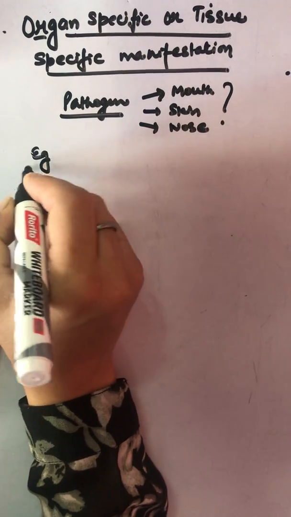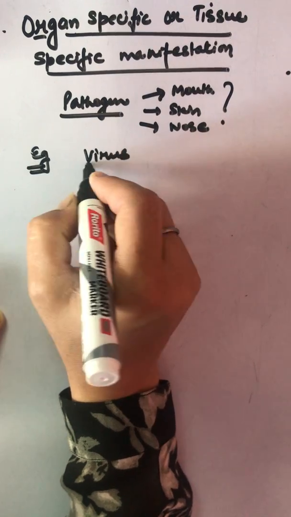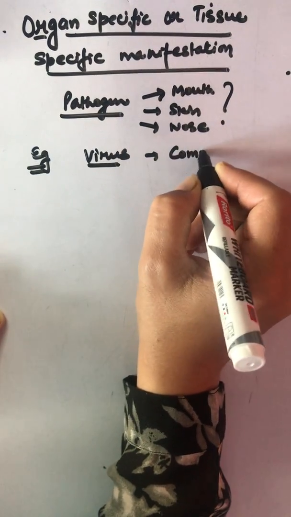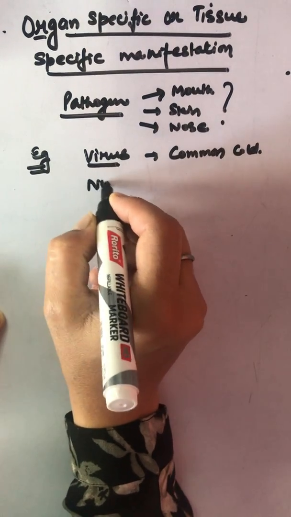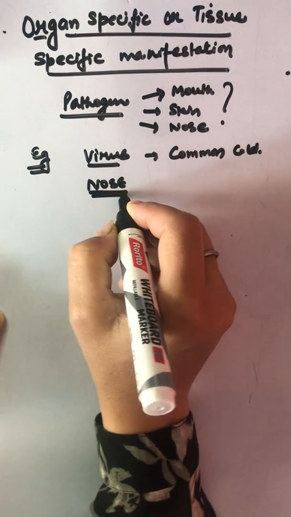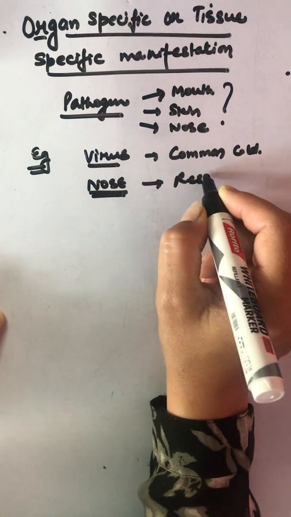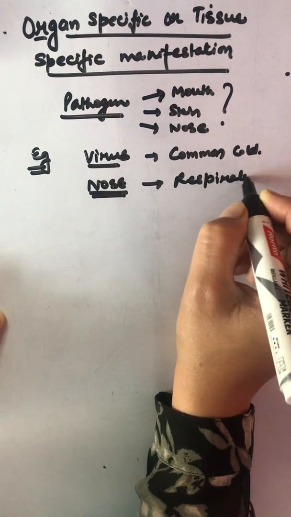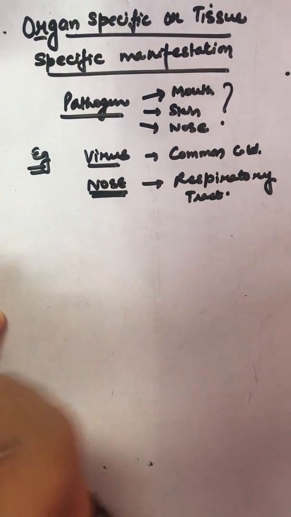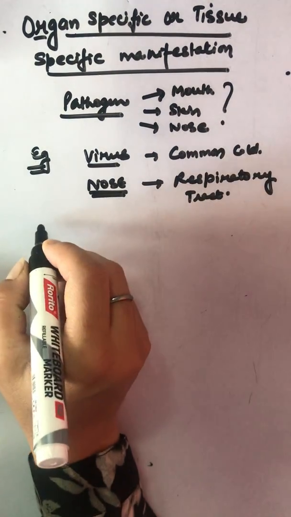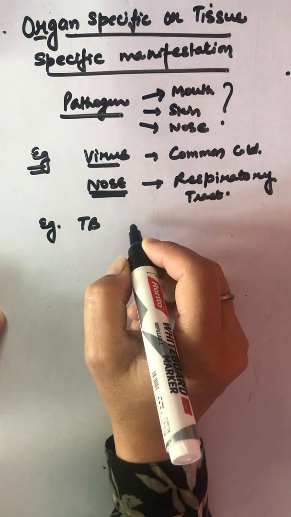Let's take an example. Say the virus that causes common cold enters through the nose, right? And affects the respiratory tract. Similarly, second example, tuberculosis causing bacteria.